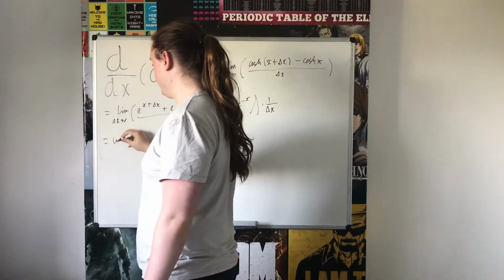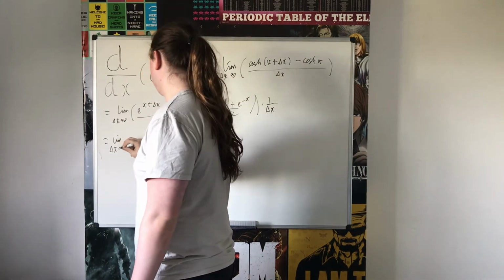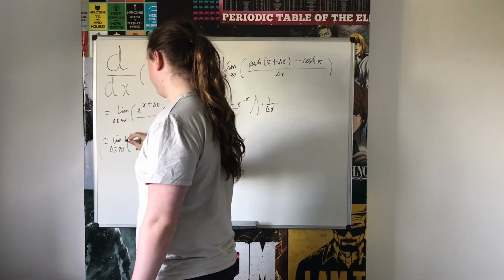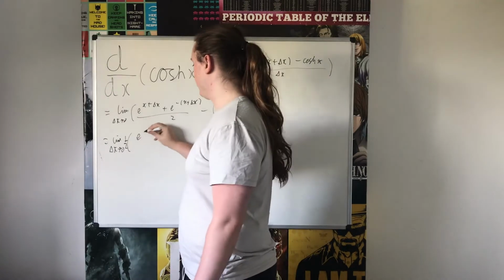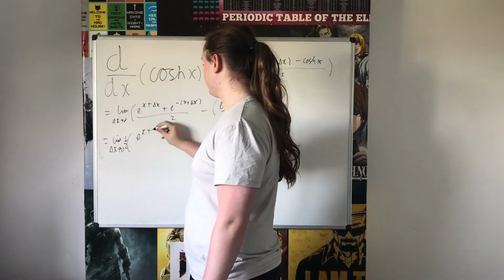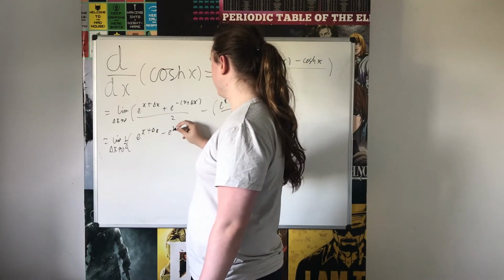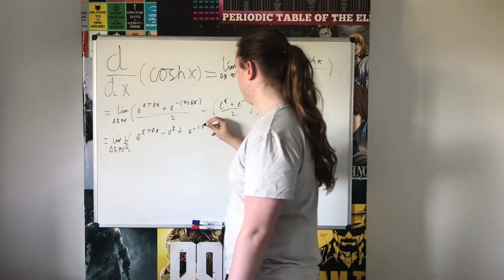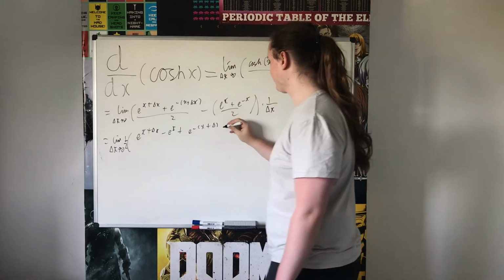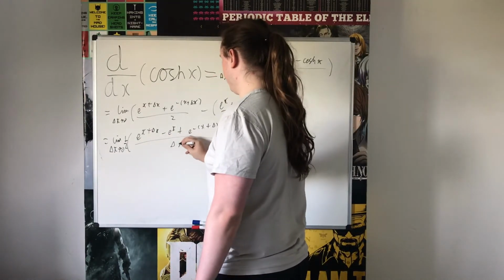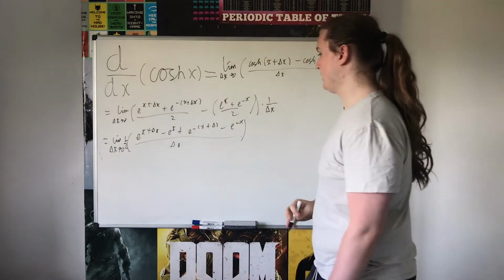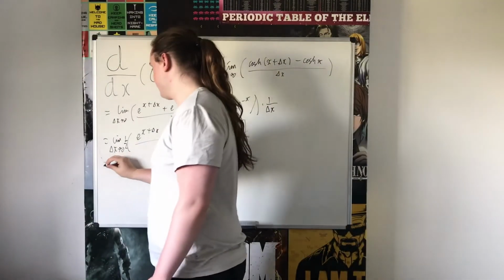And so combining these fractions gives the limit as delta x approaches 0 of, take out a factor of a half from both, then we get e to the x plus delta x minus e to the x plus e to the minus x plus delta x minus e to the minus x, and we can put this all over delta x.